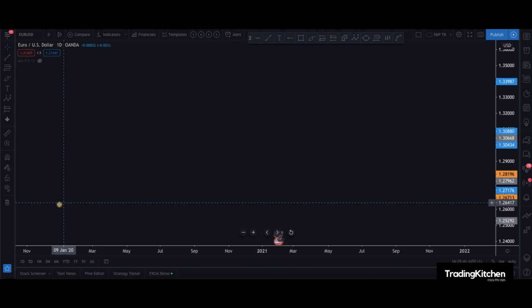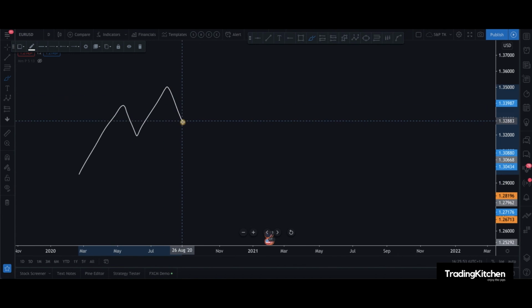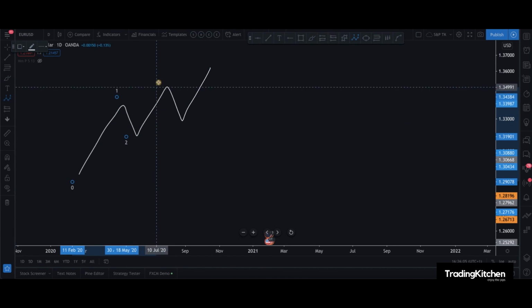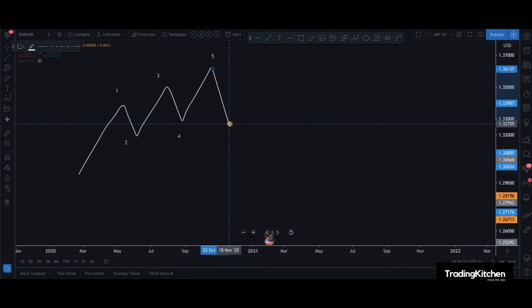Okay, so for example, when we have an impulse up, channel up, so we have 0, 1, 2, 3, 4, 5, and then price goes down to 2.4.